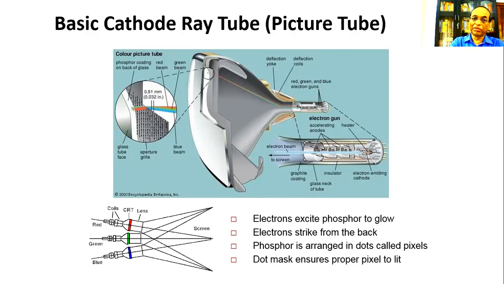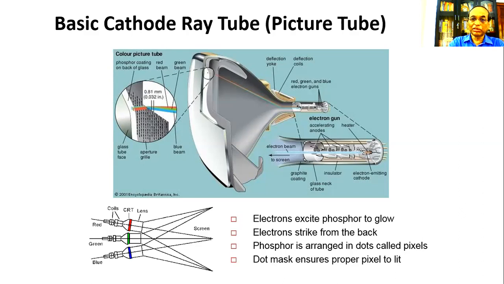Then they travel towards the phosphor screen and impinge on the coated dots, called pixels. Different colors come out from it, and we see the resultant mixture of these 3 colors.